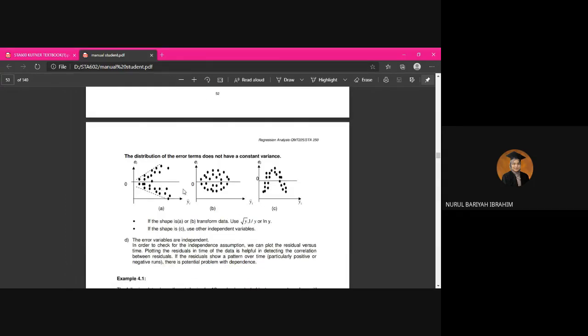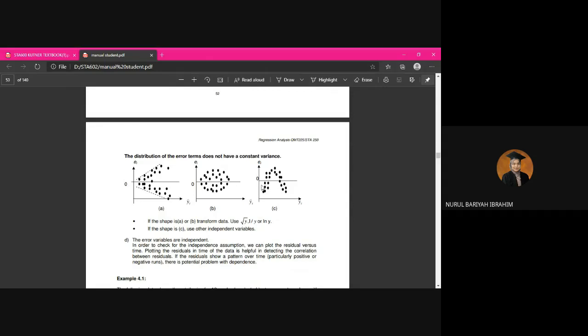And these are some examples of plots of the residual versus fitted or versus X as well. If the pattern is like this, with a megaphone, a spherical pattern here, or a quadratic pattern, or a linear pattern, it is the same.